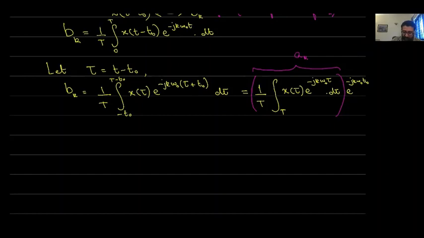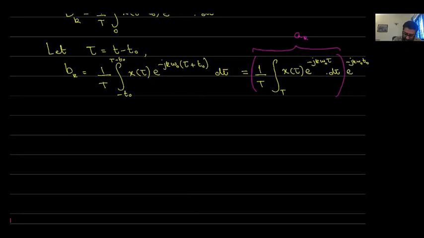And from this, we obtain the expression that the Fourier series coefficients of the shifted signal, which are b sub k's, as a function of the original Fourier series coefficients, are given as e raised to the power minus j k omega naught t naught times a sub k. So that's the relationship between the Fourier series coefficients of the shifted signal and those of the original signal.